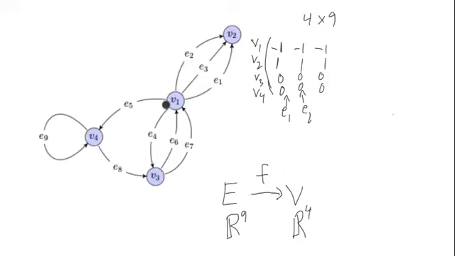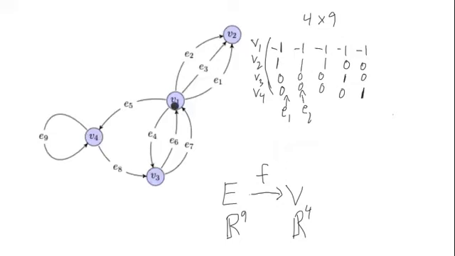V1 is again a tail, and the tip this time is V3. Then we go to E5. It looks like the tip is V4, and the tail is again V1.